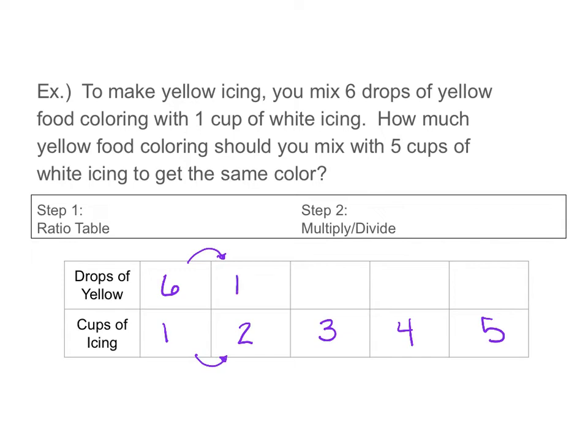So that's 12. You can say that's times 2 if you want, or you can say that it's adding 6 each time. Then that would be 18, and then add 6 more, that would be 24, and then add 6 more, and that would be 30.